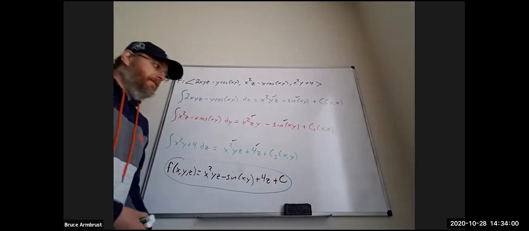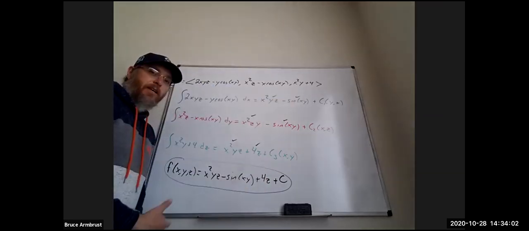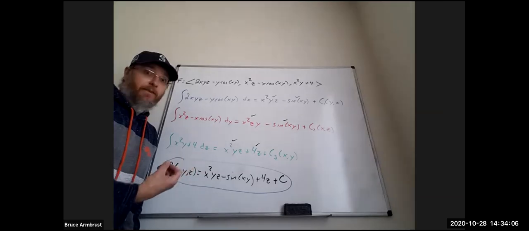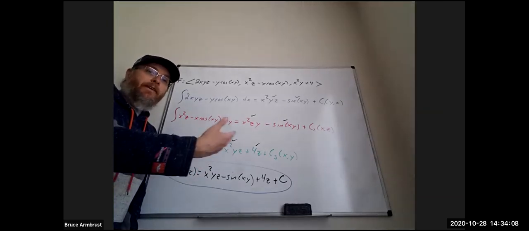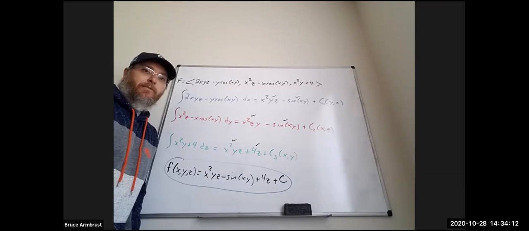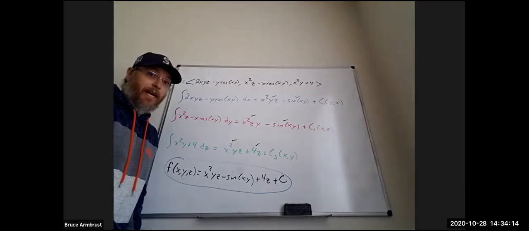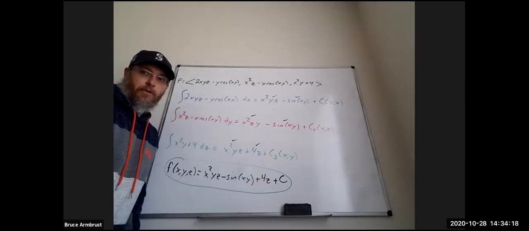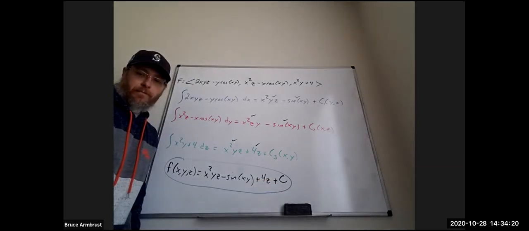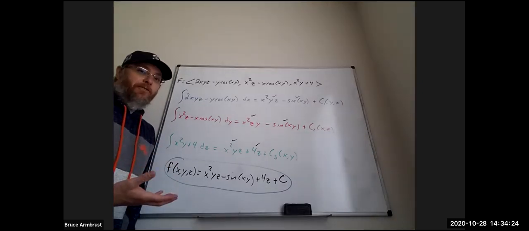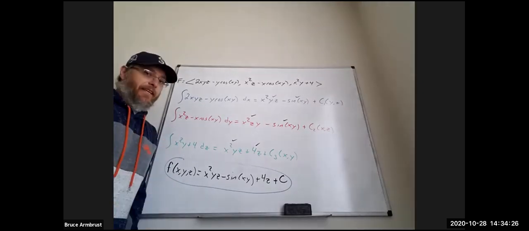So all those constant pieces do get caught. We still find them. They just get found in one of the other partial integrals. The only constants we won't catch are those that are constant constants, just plain old numbers. Okay, so finding the potential function is this easy.